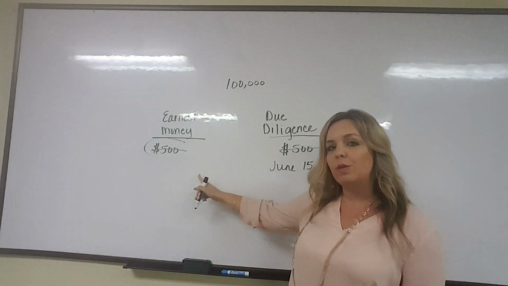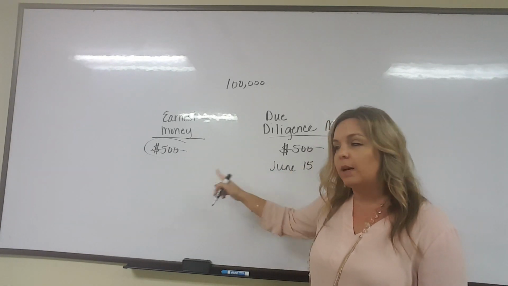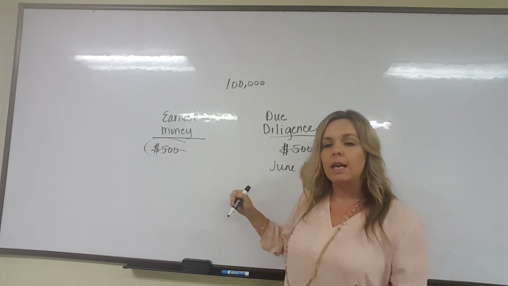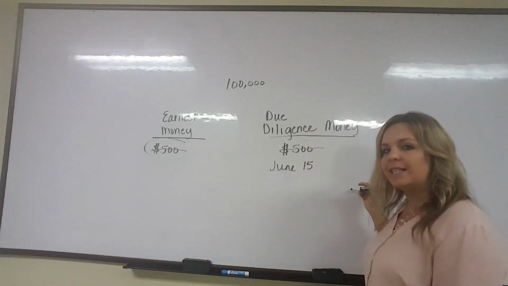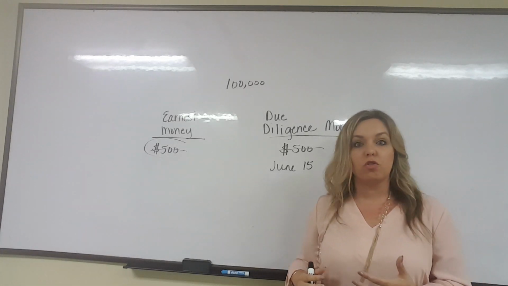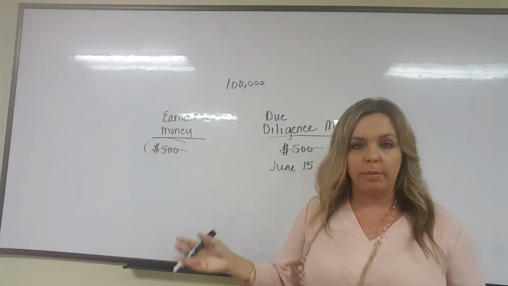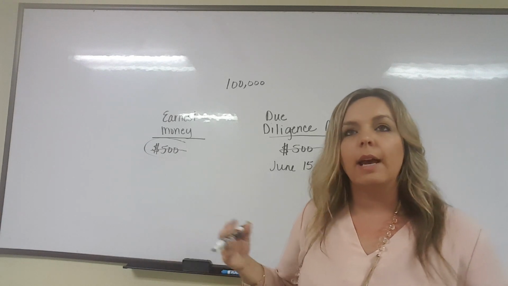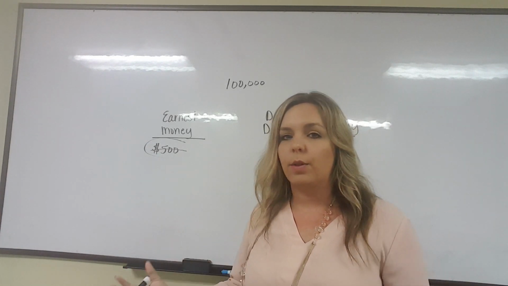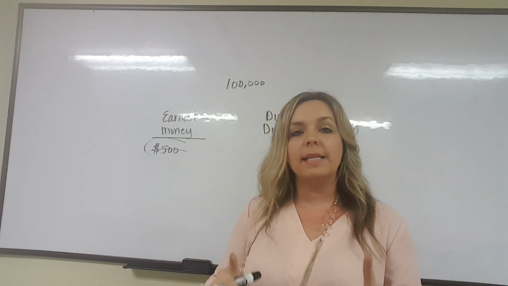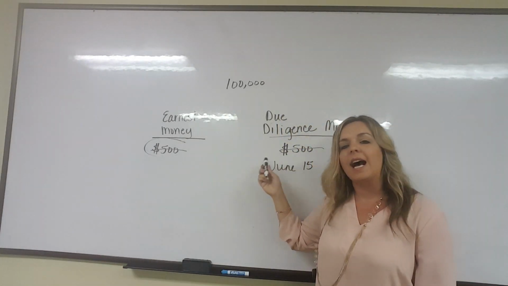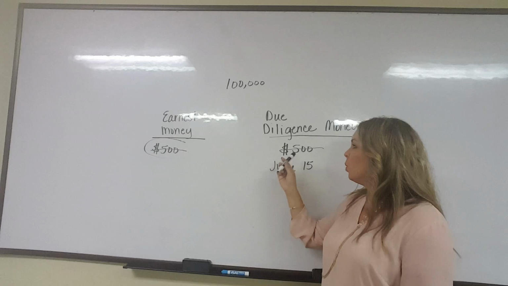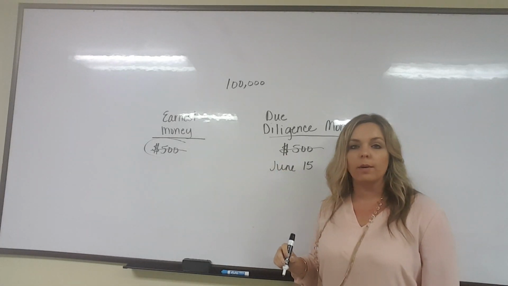If you didn't do this due diligence period and earnest money here in South Carolina, and you did the regular repair request, then all the way up to the day of closing, sellers are still stressing about the buyer possibly backing out. Now, that could deal with inspections, it could deal with appraisal, it could deal with anything. But if that buyer were to back out, the seller has at least gotten something out of it, which is what that due diligence fee is for.